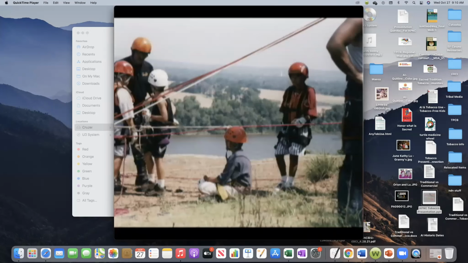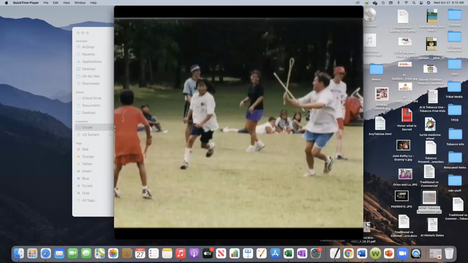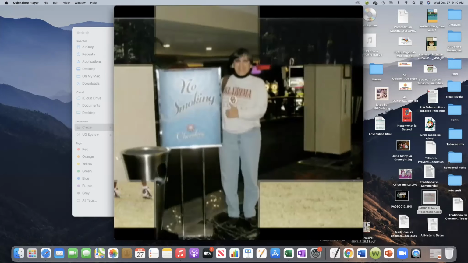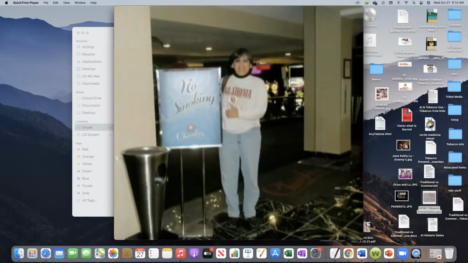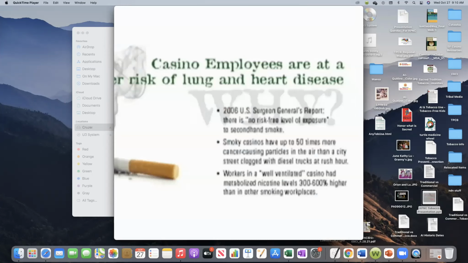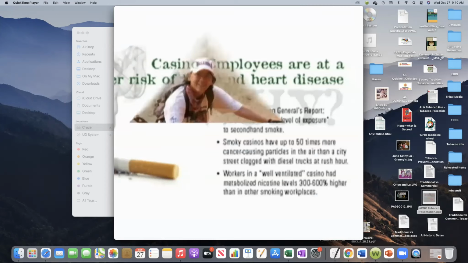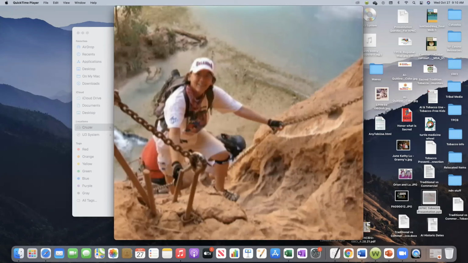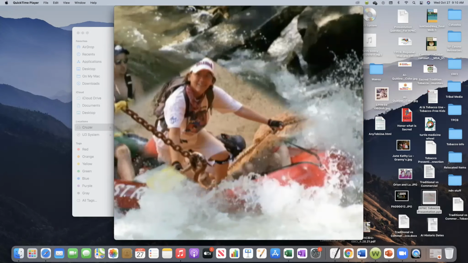Healthy Nation's main focus is promoting physical activity, good nutrition, and tobacco prevention. My current crusade is smoke-free casinos. In 2008, Cherokee Nation went tobacco-free with the exception of casinos. The opposition says we'll lose money and fails to consider the health effects that secondhand smoke has on casino employees and patrons. They say smoke-free casinos is an impossible task, but I don't accept that.